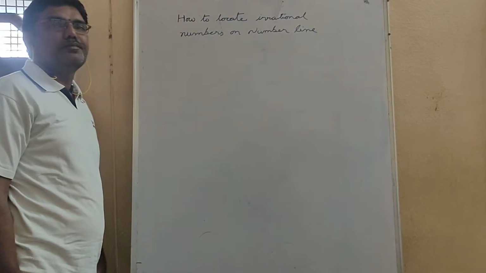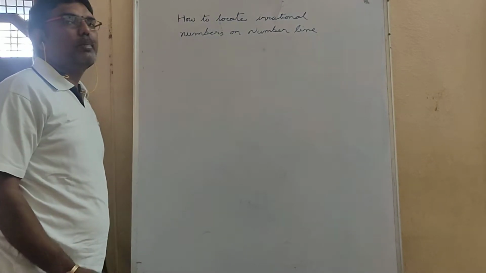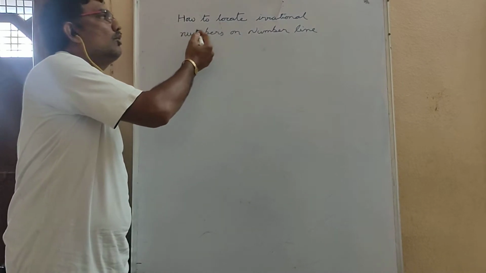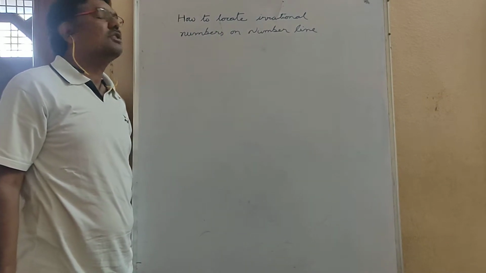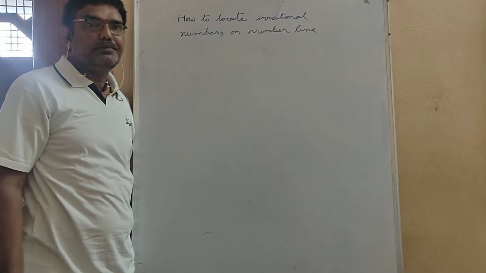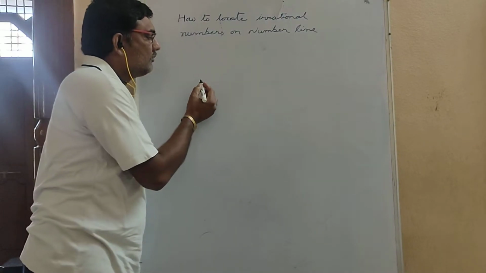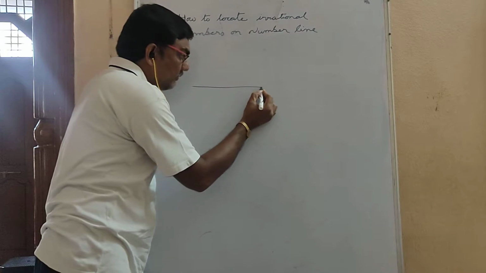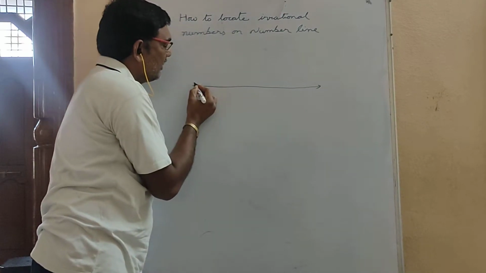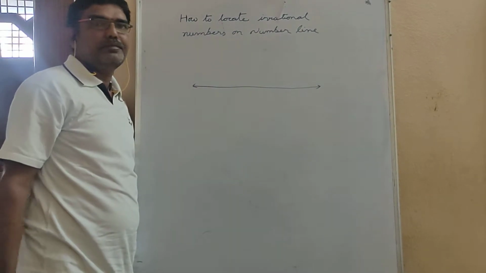Good morning. Today we will discuss one topic: how to locate irrational numbers on a number line. So already you know about the number line. This is a number line.